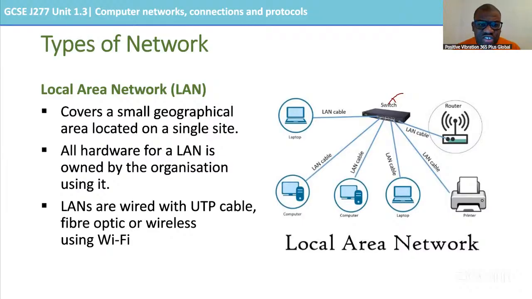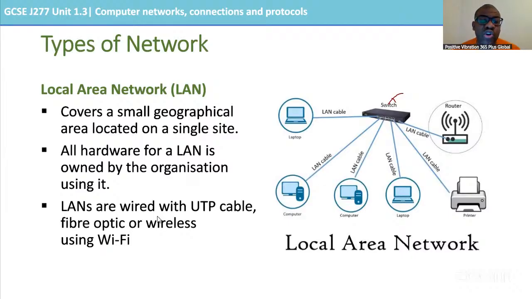Now, they ask you to write 3 solid points. You need to know 3 points because in the exam, they could give you 1 point. They could say a local area network is a network in a small area. Give 2 other characteristics of a local area network. So you need to know at least 3.